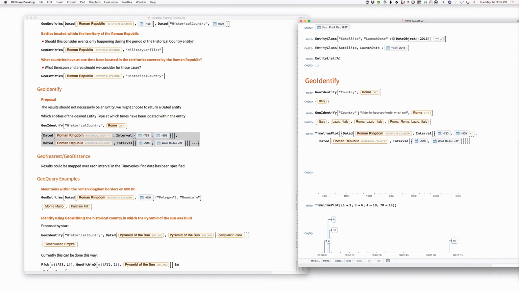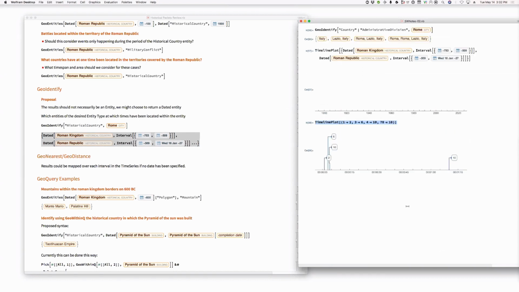It's a little funky, but it's not obviously crazy, right? Okay, so what format does this need to be in so that I could feed it to timeline plot? And by the way, what happens if I say time series of this and feed that to timeline plot? Ouch. Is that really right?